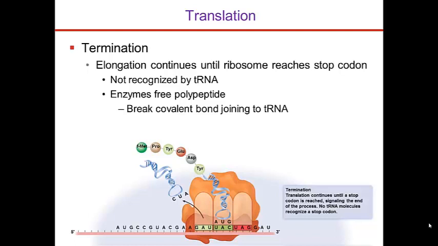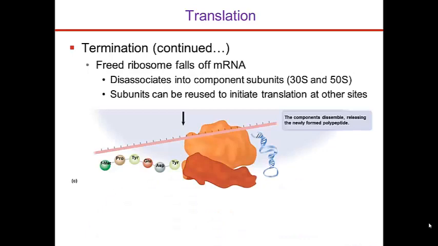Translation will end because there are no tRNAs with anticodons capable of making hydrogen bonds with any of those 3 codons. The stalled ribosome will disengage from the messenger RNA and translation ends.